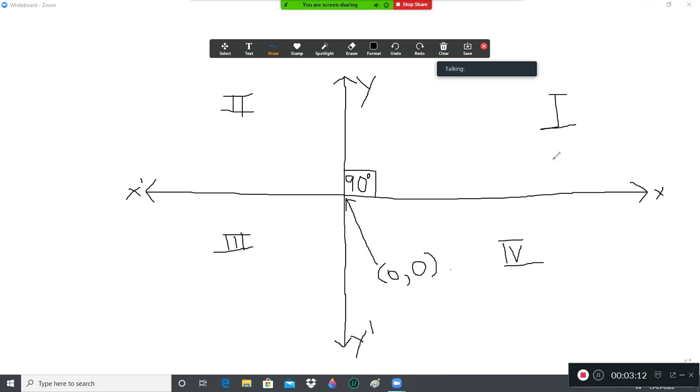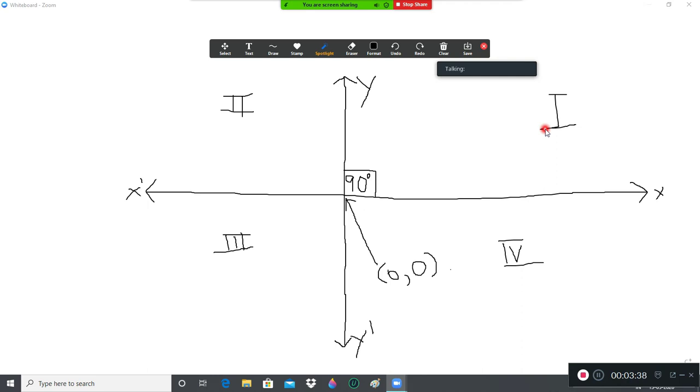So it's the first quadrant, the second quadrant, and this one is the third quadrant. Please look at my pointer so that it is very helpful for you. So look over here. This is the second quadrant, the third quadrant, the fourth quadrant, and the first quadrant.